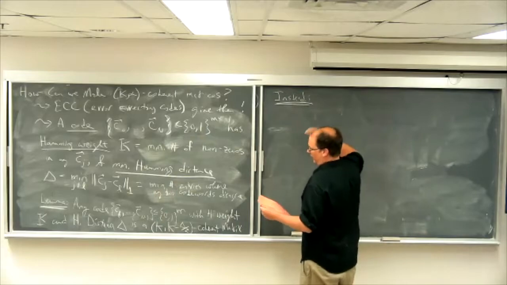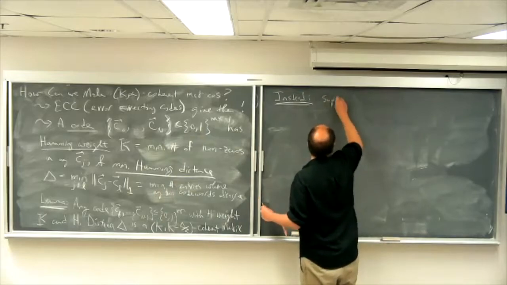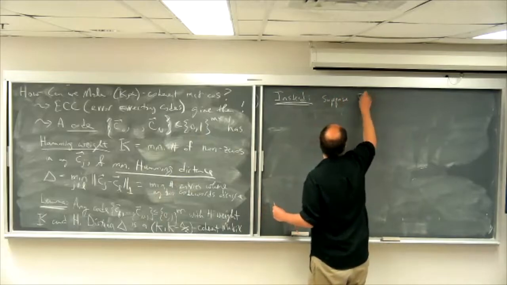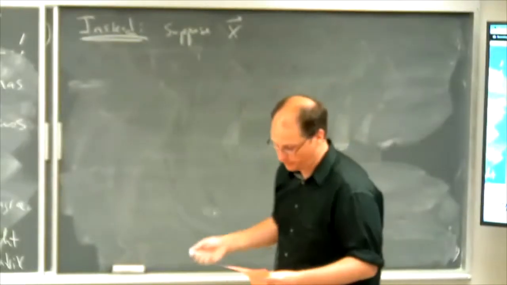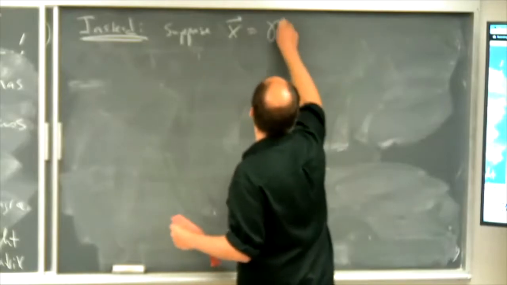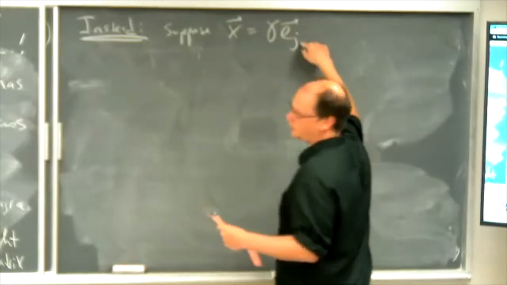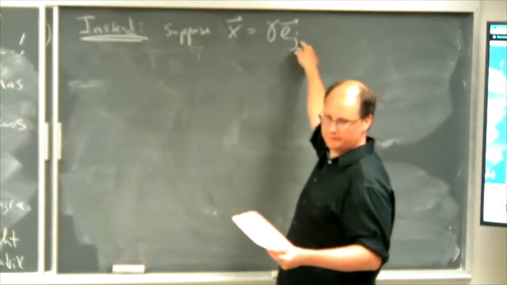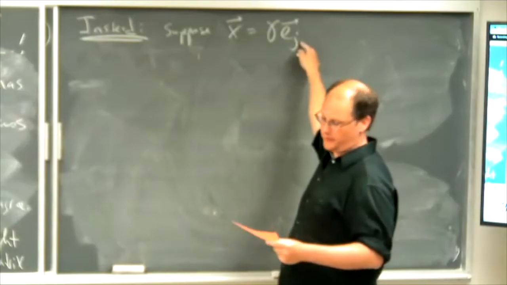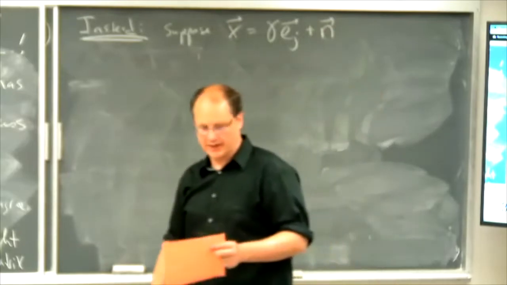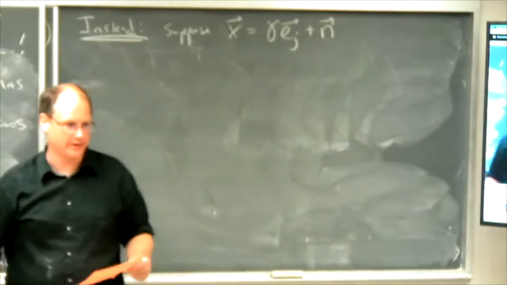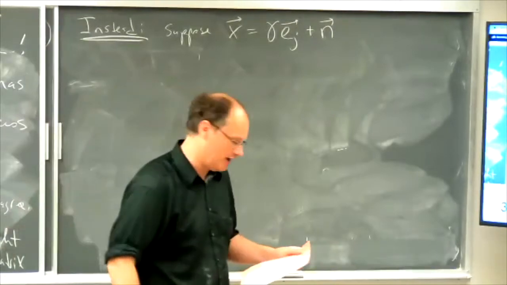Suppose that for some reason your signal, or maybe some modified version of your vector, looks like a canonical basis vector e_j, where you don't know j, times some number. So this is what we had before, but now we allow an arbitrary other junk to be added on there as well.